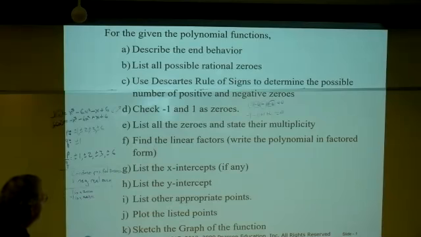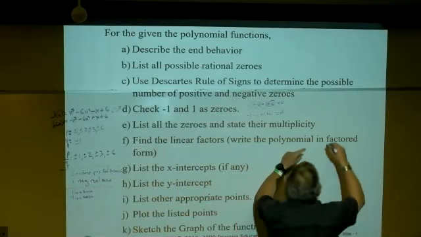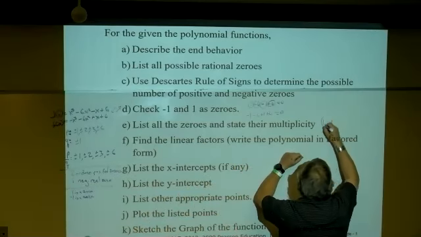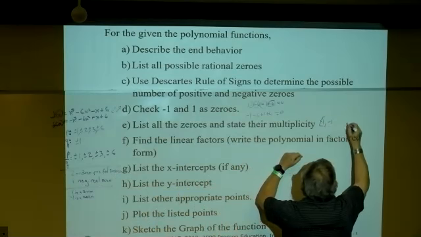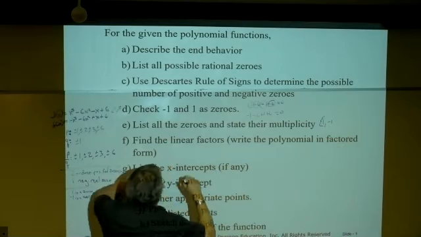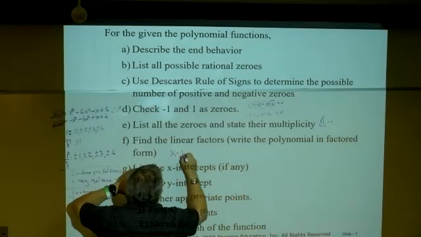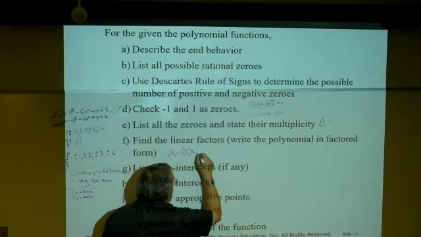Either way, now I have two of my zeros, 1 and negative 1. That means I have two linear factors, x minus 1 and x minus a negative 1, which is x plus 1.